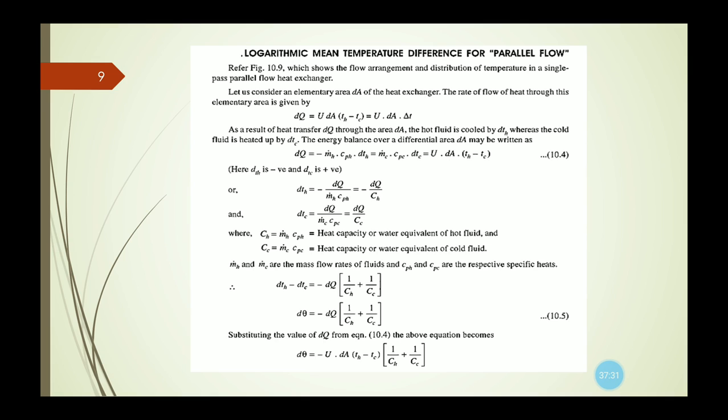Now the energy balance over a differential area dA can be represented like this: dq equals minus m dot h cph dTh, equals m dot c cpc dTc, equals U dA delta T. These are the heat given up by the hot fluid, the heat picked up by the cold fluid, and the total heat transfer rate in the heat exchanger. All these relations we have written here.